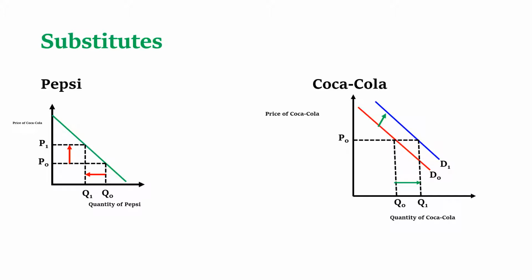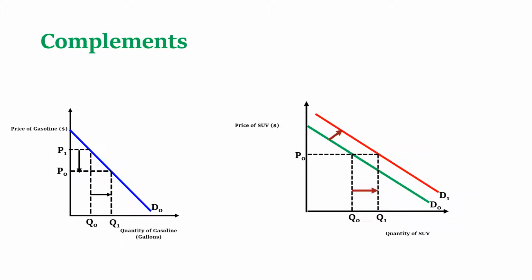More Coca-Cola is bought, and less Pepsi is demanded because the price has increased, right? Because these two goods are substitutes. People who used to buy Pepsi are now going to shift to Coca-Cola consumption, right? So you expect that demand to increase.